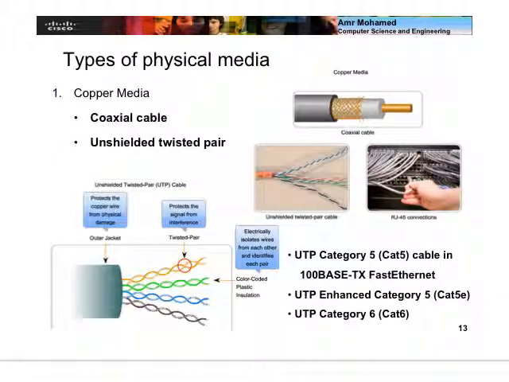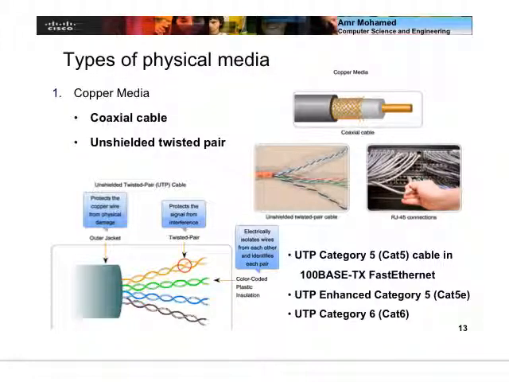Base here refers to baseband. Baseband means that the signal is not transmitted using high frequency, like in the case of wireless. In the case of wireless, we use 2.4 gigahertz or 5 gigahertz.